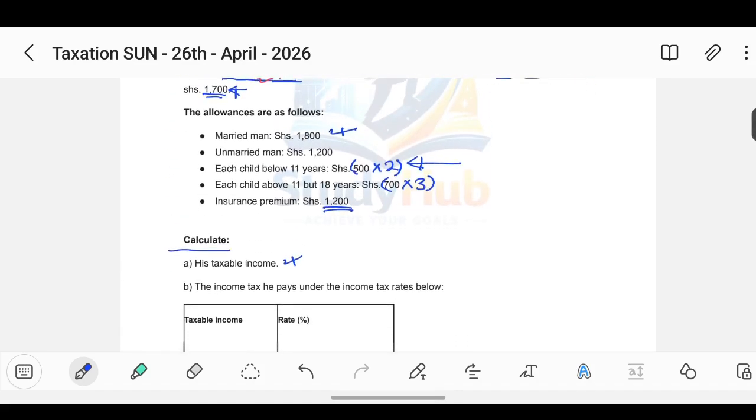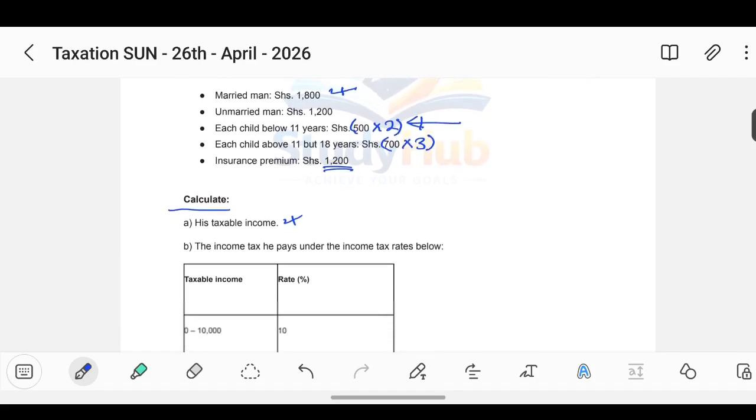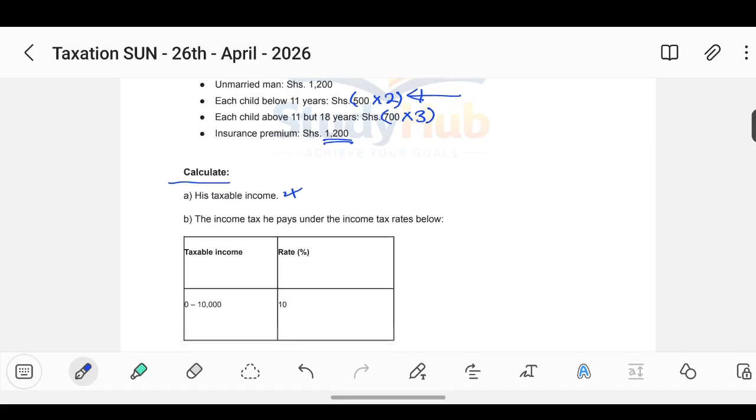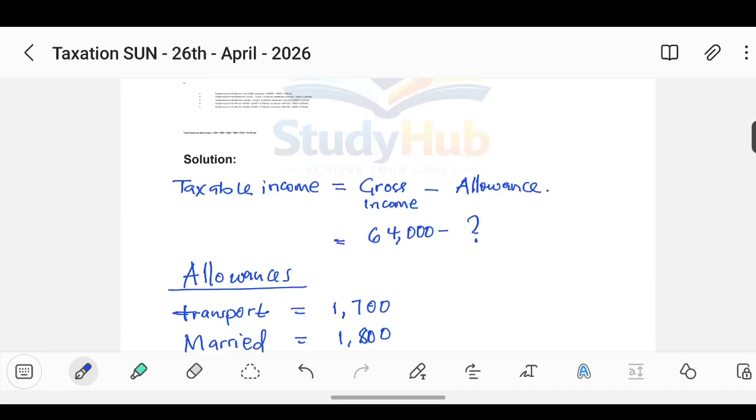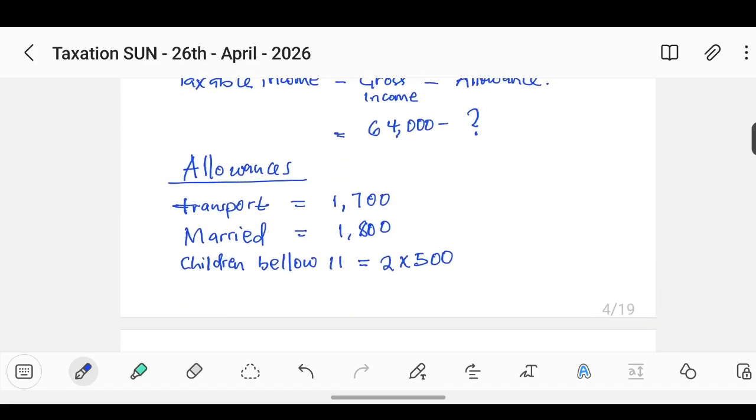Then we have each child above 11 but below 18, or between 11 and 18, is going to be earning 700.